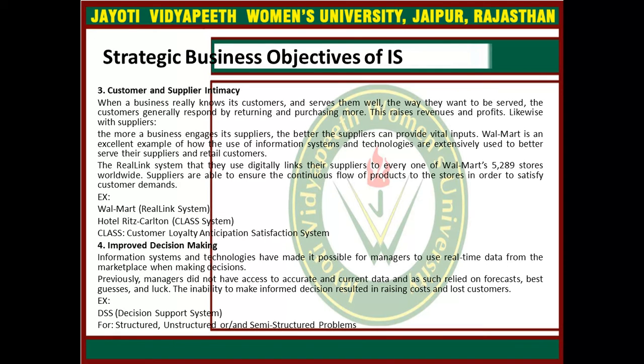Previously, managers did not have access to accurate and current data, and as such relied on forecasts, best guesses, and luck. The inability to make informed decisions resulted in raised costs and lost customers. An example is the DSS, decision support system, for structured, unstructured, or semi-structured problems.